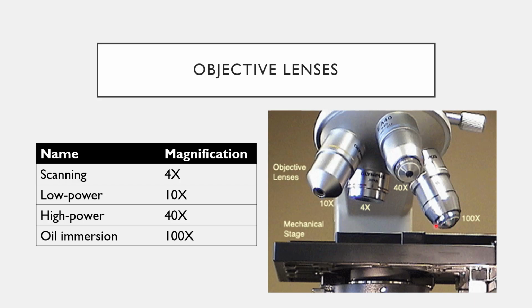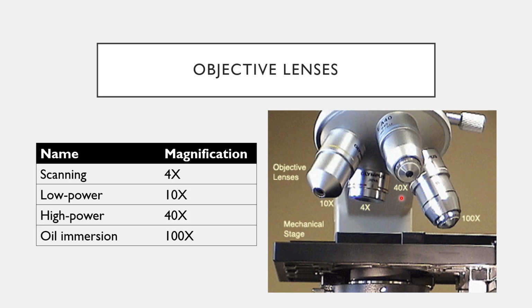For example, the 4x lens is very short and stubby. The 10x is longer. The 40x is longer still, and the longest lens of them all is the 100x objective lens.